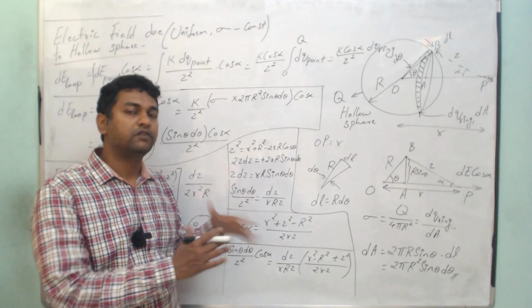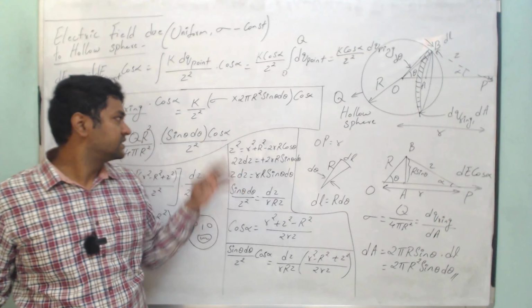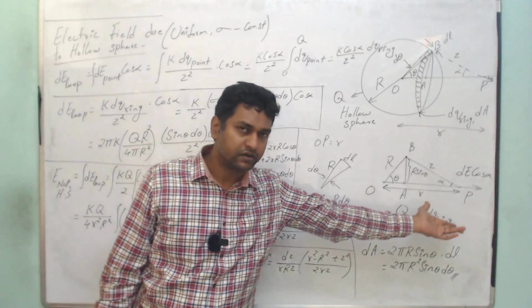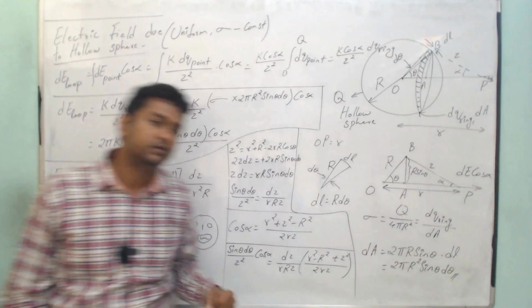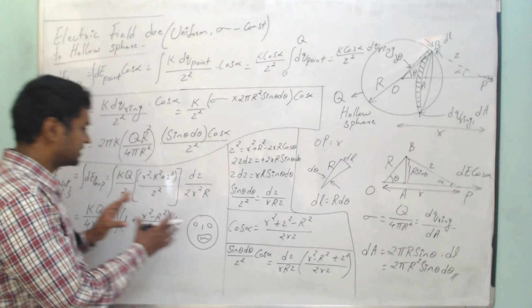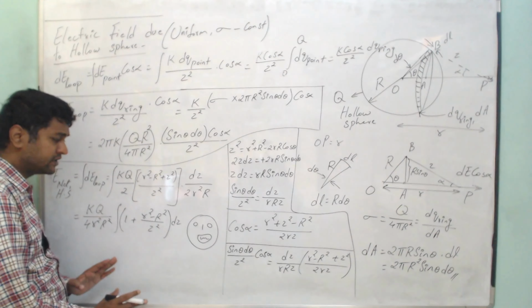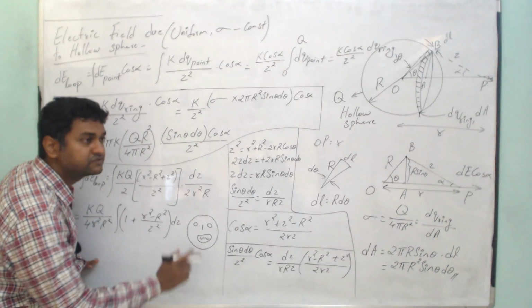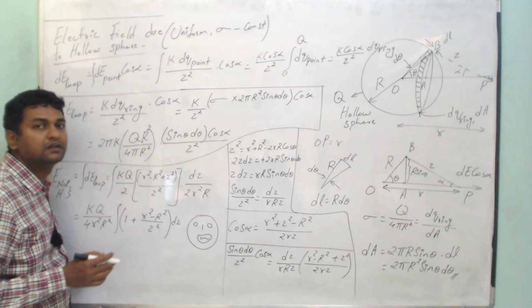In this form I want to get. Next thing is cos alpha. Directly cos alpha is telling you to get it from the cosine rule in the given triangle. So cos alpha is this. The remaining part is again easy, just rearranging it, because I have decided to integrate it in terms of z, one physical variable.